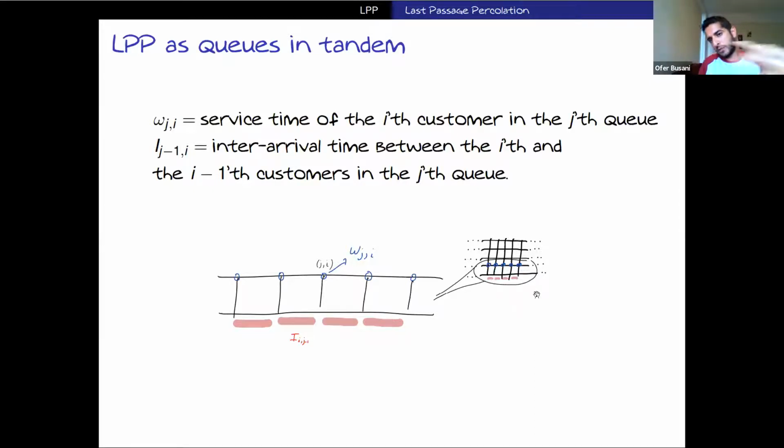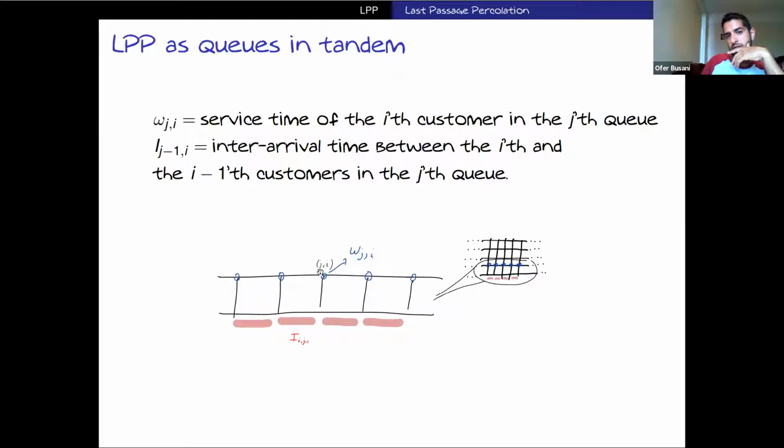And if we slice this ladder-like shape and look closely, we can turn this into a queuing story by considering this as a queue. Here, the weights on the edges would be the inter-arrival times.